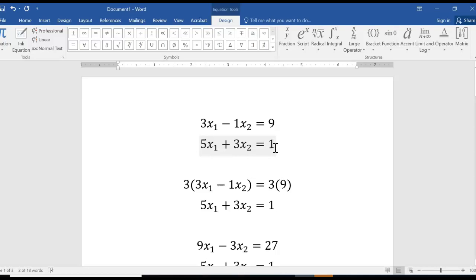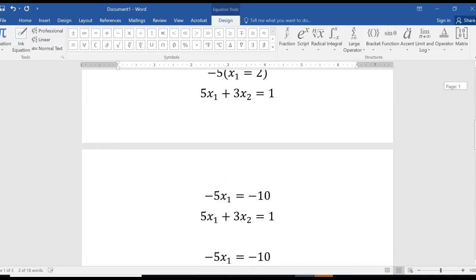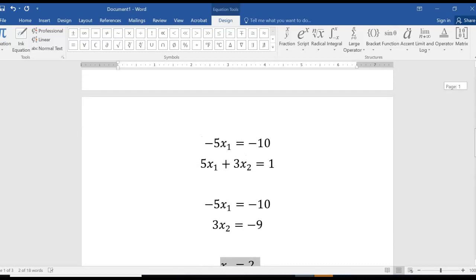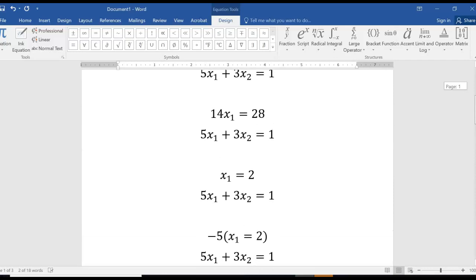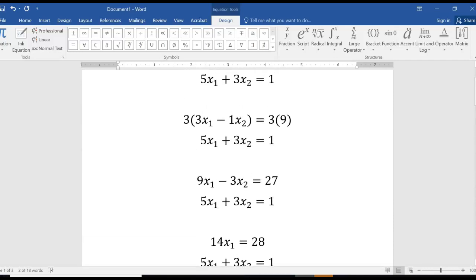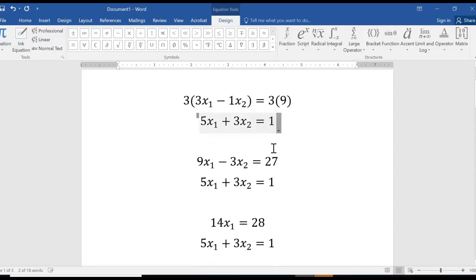All right, so that's the theory behind it. Notice the types of things we were doing. We were just basically doing the same sort of tricks over and over again. Multiplying one equation, both the left and the right hand side, by a constant number. Adding the two equations together.